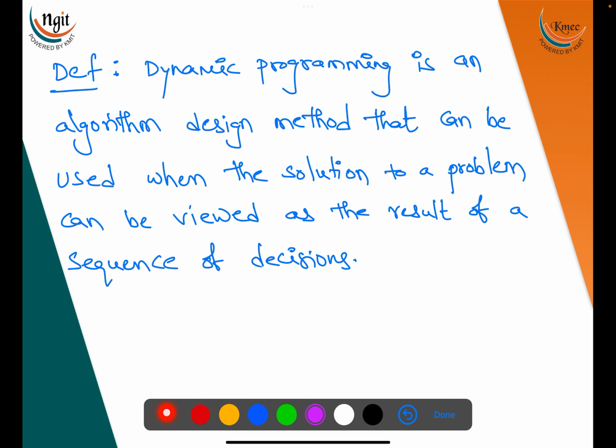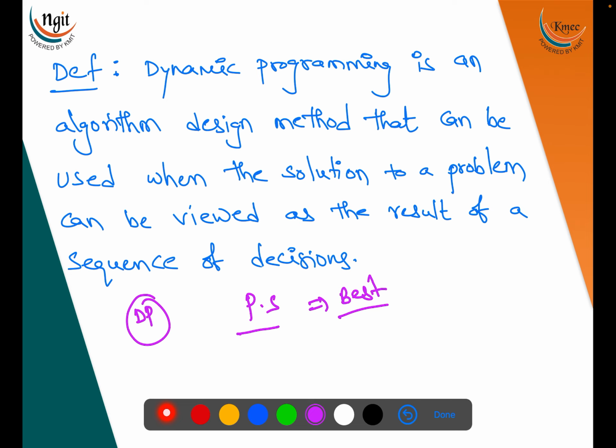In dynamic programming, we try to find all possible solutions, then pick the best solution. This approach is a little time consuming compared to greedy method. For any problem, there may be many feasible solutions, so we try to get the best solution out of them from the sequence of decisions.